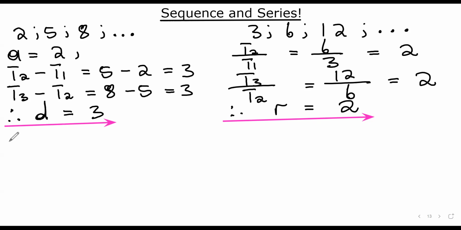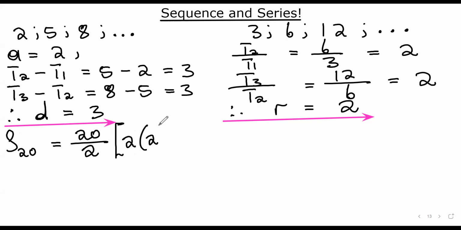Then now we come back for this one and find the sum of 20 terms. We don't know the last term, so we'll just say it's 20 divided by 2. And then we say, well, we have 2 into A, which is 2, plus n minus 1, and then we times it by the constant difference.